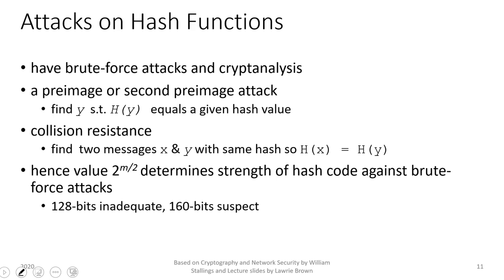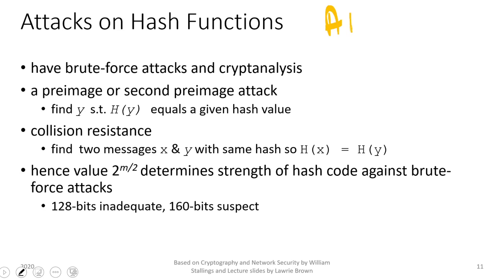When we think about attacks on hash functions from a security point of view, there are a few different things that can be done. Brute force attacks are one possibility. You take all the possible messages, you hash them, and you can map with the hash function to find out what the original text was. Let's take an example.